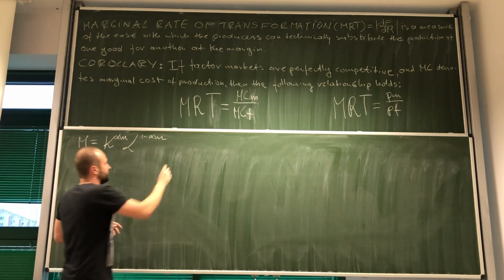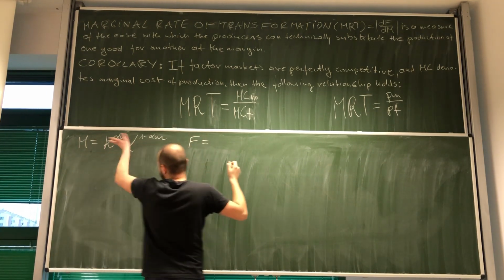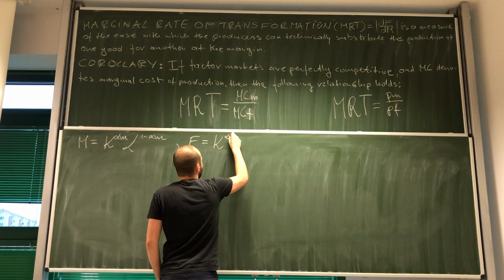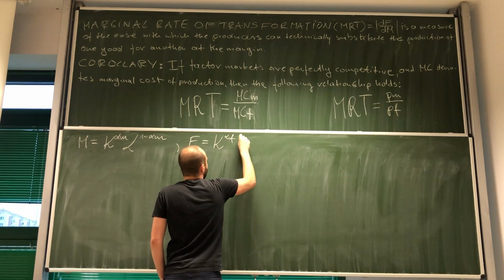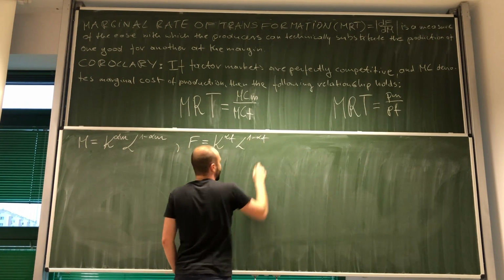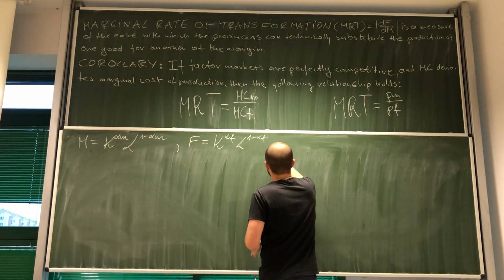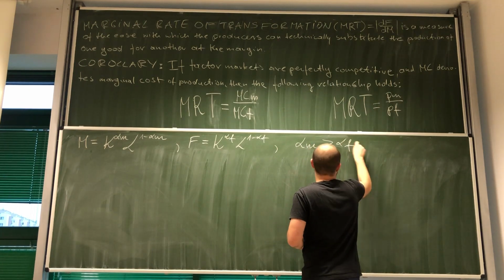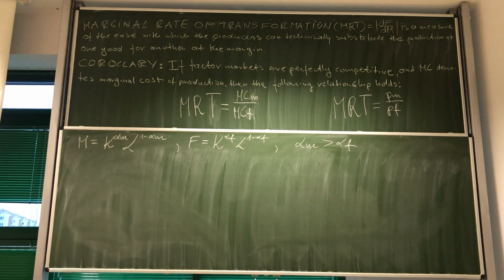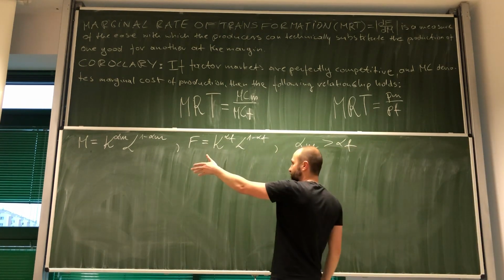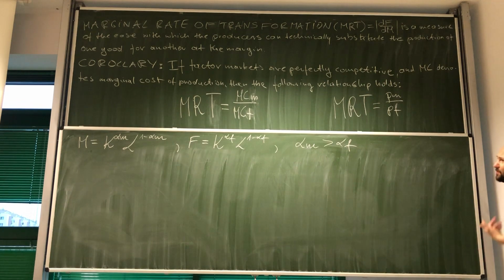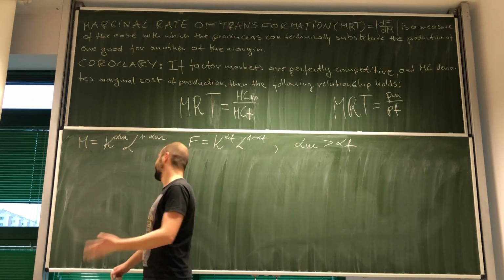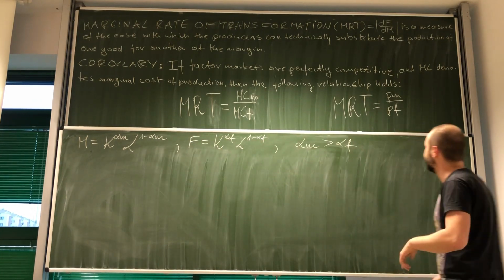On the other hand, food is also produced with a Cobb-Douglas production function, K^(α_f) L^(1−α_f). And we also notice that α_m is bigger than α_f. That was our main assumption. We are assuming that production of manufacturers is more capital intensive than production of food, which is something I also repeat in every video, probably more than once.